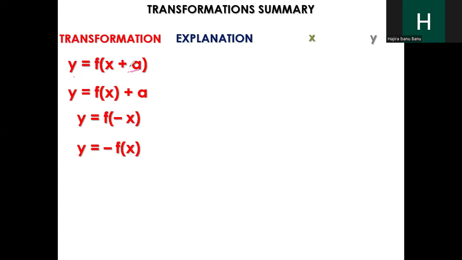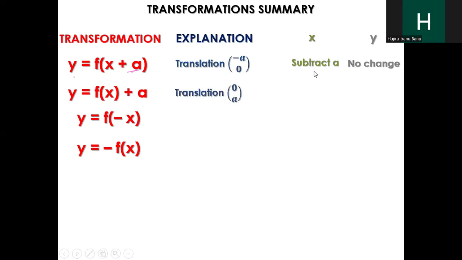When a is inside the bracket, the translation vector is (minus a, 0). So the translation will be towards the left, towards the negative x-axis. If you are finding a point, you will subtract a from the x value and there will be no change in y.